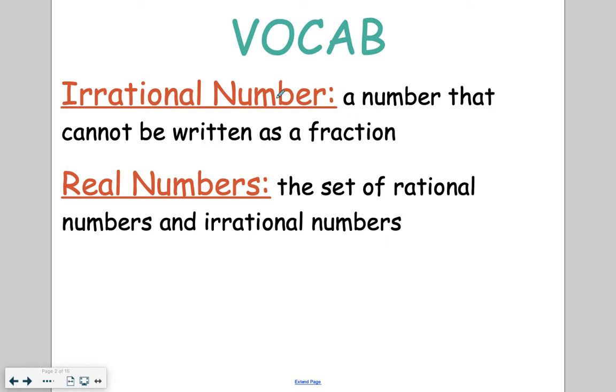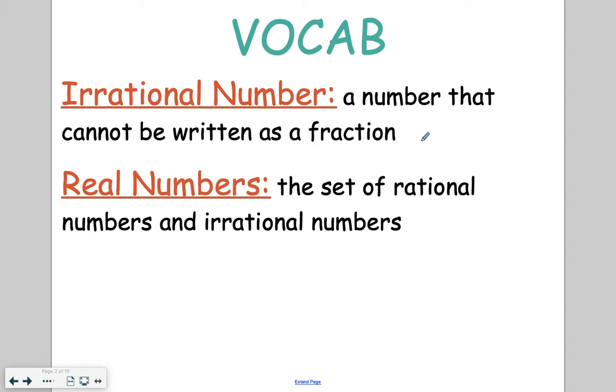So I just want to review a vocab word and then add a new term. We talked about irrational numbers back in the fall when we were talking about rational numbers, but remember, an irrational number is one that cannot be written as a fraction. The reason I bring that up is because square roots, which we learned about in the last lesson, are often irrational numbers.